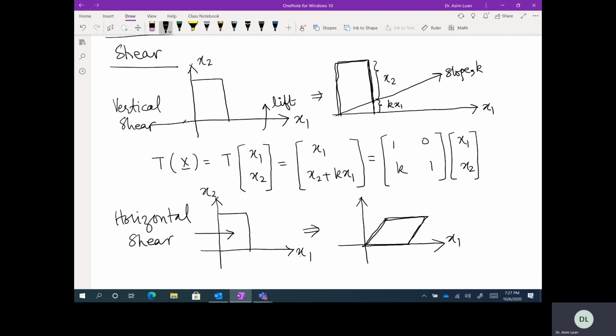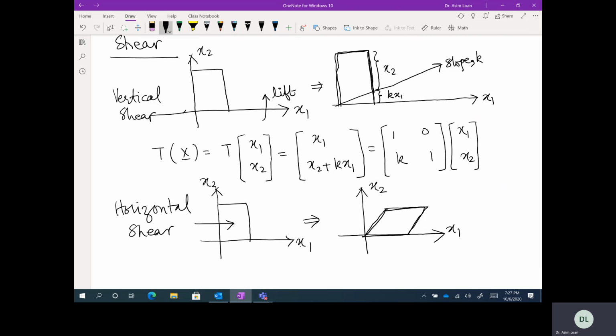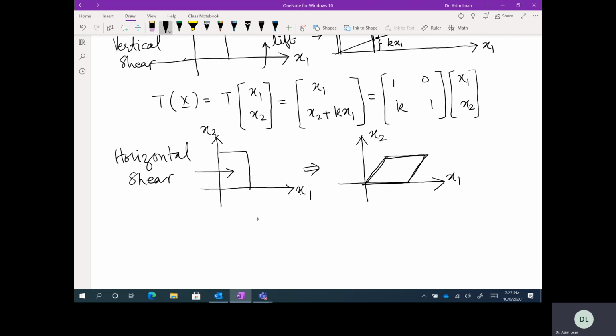And you can go home and check. A is given by 1, k, 0, 1.